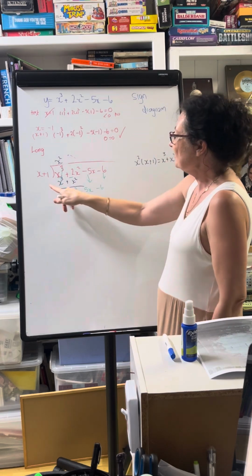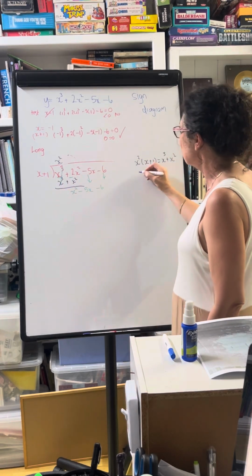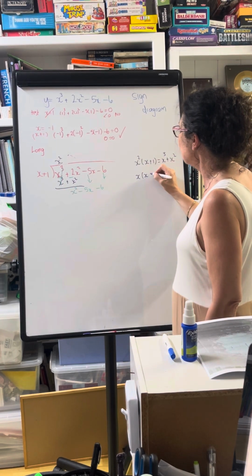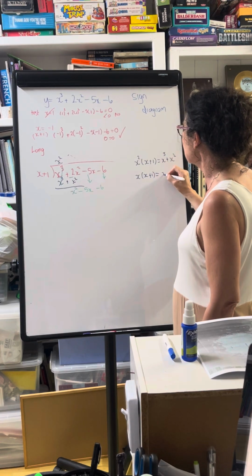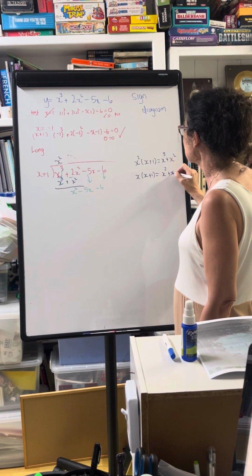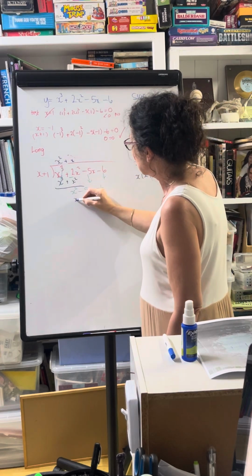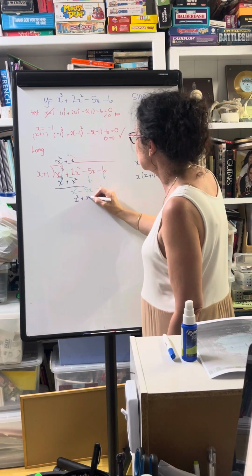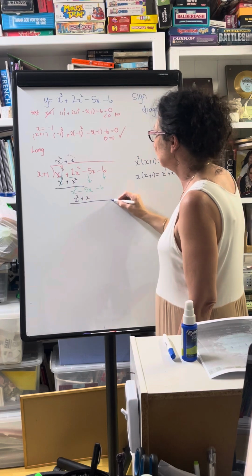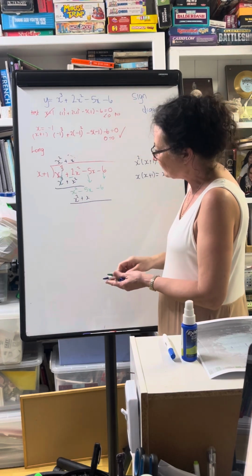And then you say to yourself next, x times what gives me x squared? And it's just x. And we multiply that. It's just like normal long division. The x goes up the top, and my x squared plus x goes at the bottom. And then we minus them.